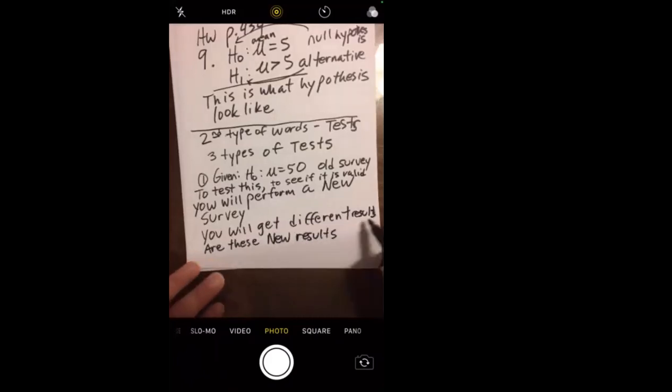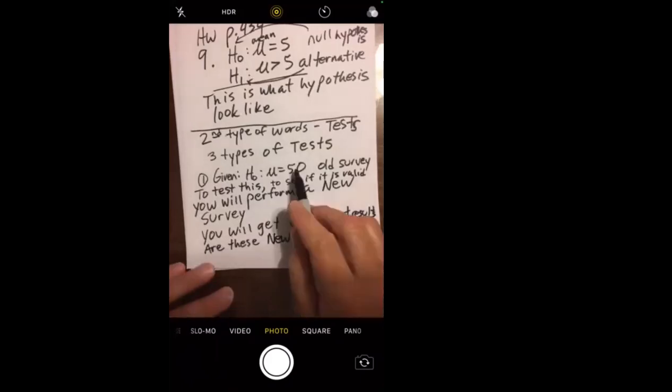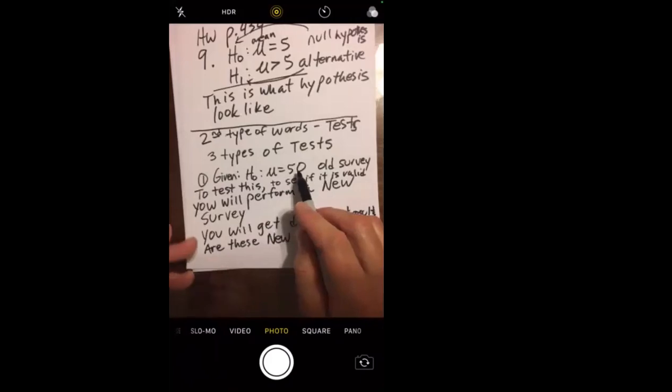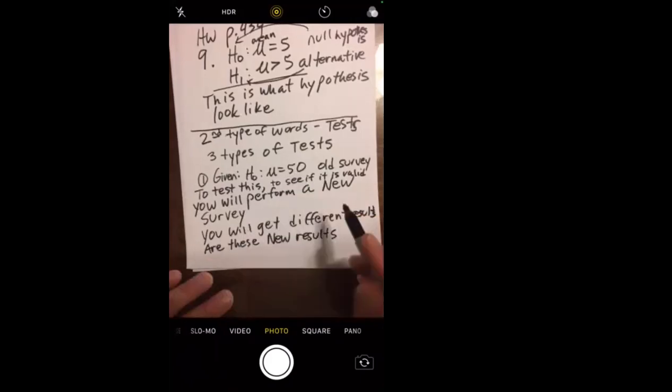And the reason you'll get different results is you got different people in the sample. No way to collect the same old people from the old survey. Time has passed, people have scattered. You will ask different people the same question. Inevitably, you're going to get new results, different results.